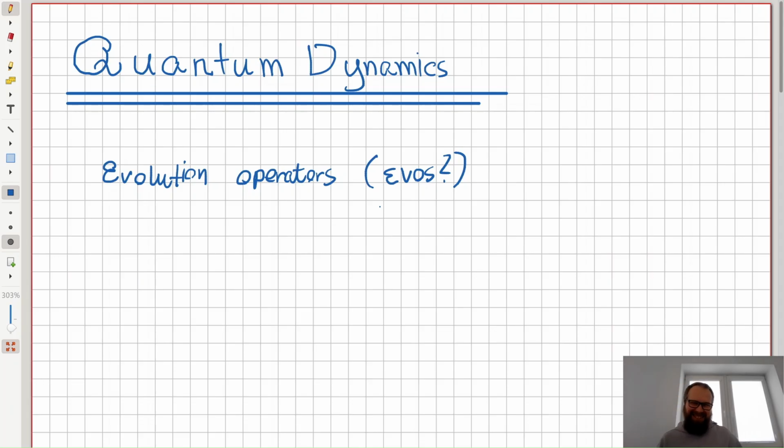Evas, evangelions, okay. And the things, so evolution operators. Something probably well known to you, this classic exponent, but also more complicated stuff, beasts like this.